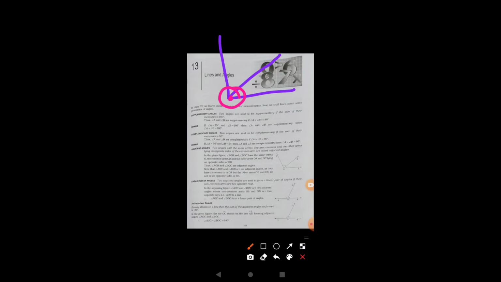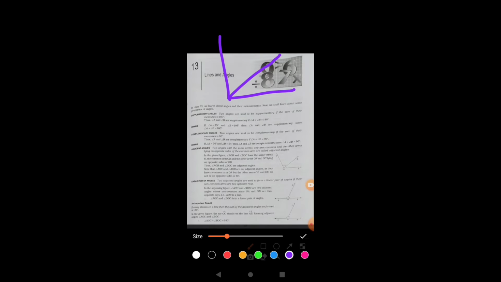And the other thing, now see the arms. In the first angle, this is the first arm and this is the second arm. Now see the arms of the second angle. One arm is this and one arm is this.